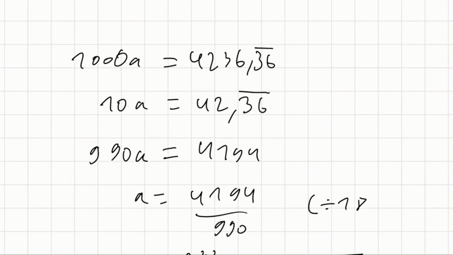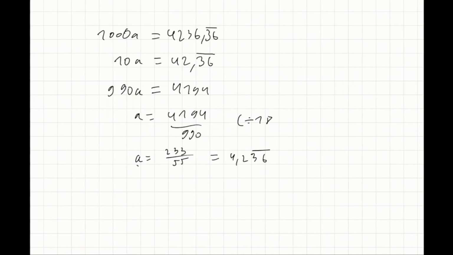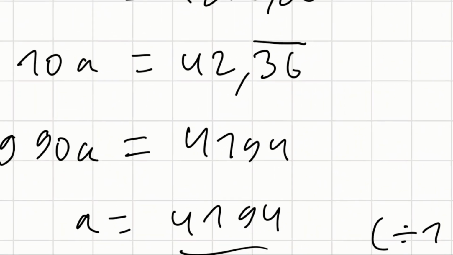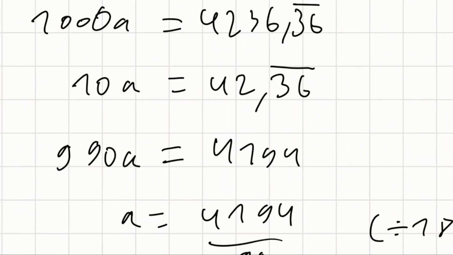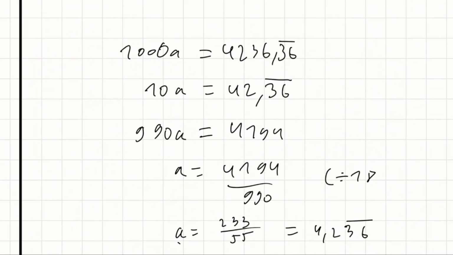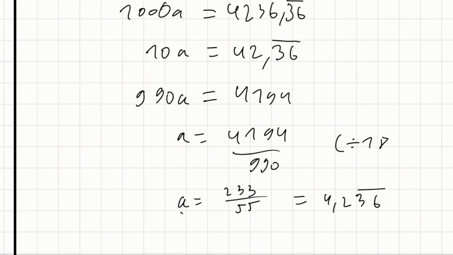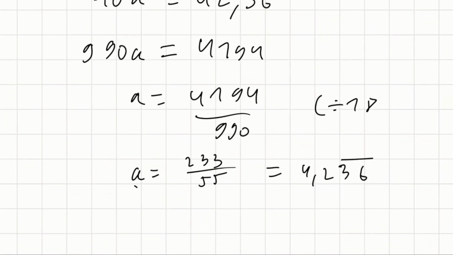Same idea. You multiply this with 1000. So what you will get is this here. You subtract 10a, and you get 42 with the period of 36. Then what you get is 990a equals 4,194, and then you just divide by 990.